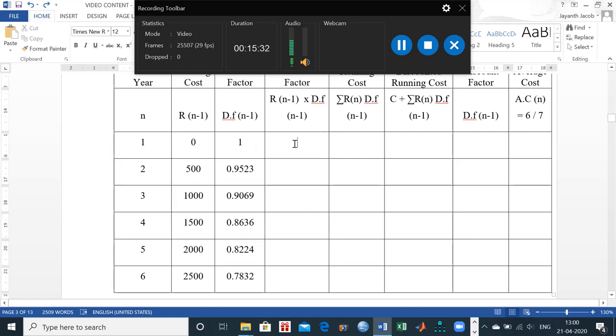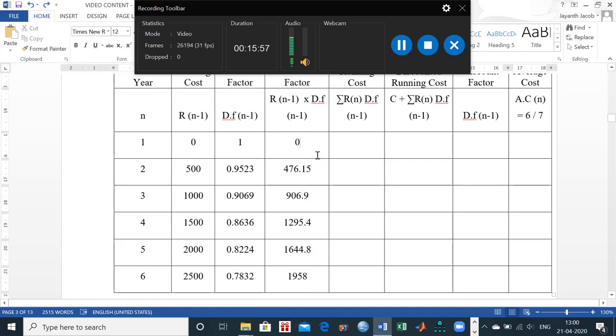So this should be 0, then 500 into 0.9523, 1000 into 0.9061, 1500 into 0.8636, 2000 into 0.8224, 2500 into 0.7832, and so on. If you do that, you should be getting these values here.